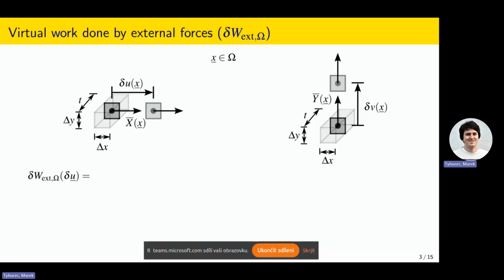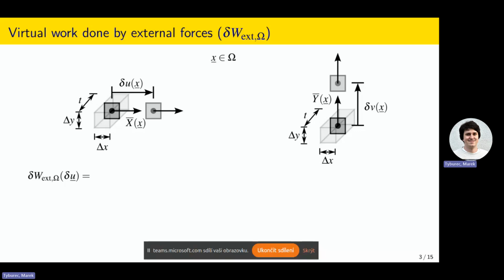So what we start with is the energy that is produced by external forces, and in particular, now we concentrate on forces that are defined on the domain omega, which is like the body. So now we have the body load X underline overline, which is like a vector field, and it has two components.